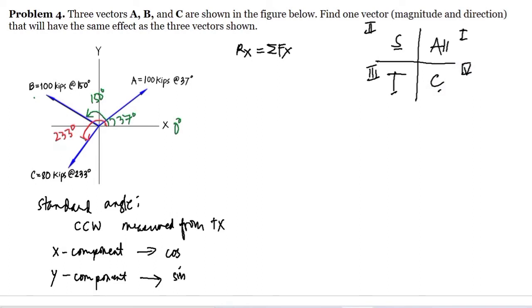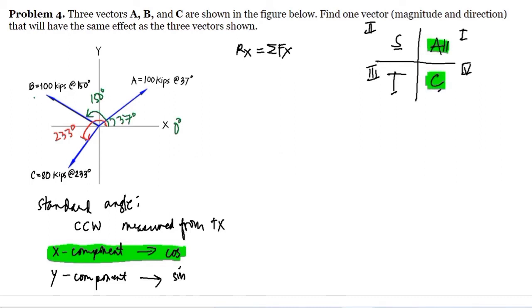Now, since x component ang pinag-uusapan natin dito and we will be using cosine, saan tayo may positive cosine? We only have positive cosine for quadrant 1 and quadrant 4.